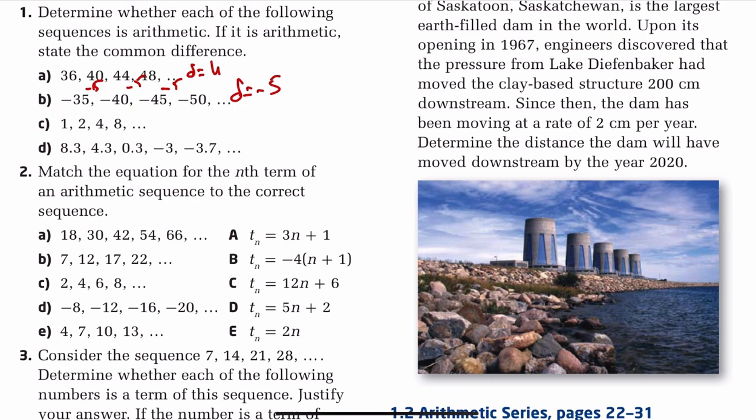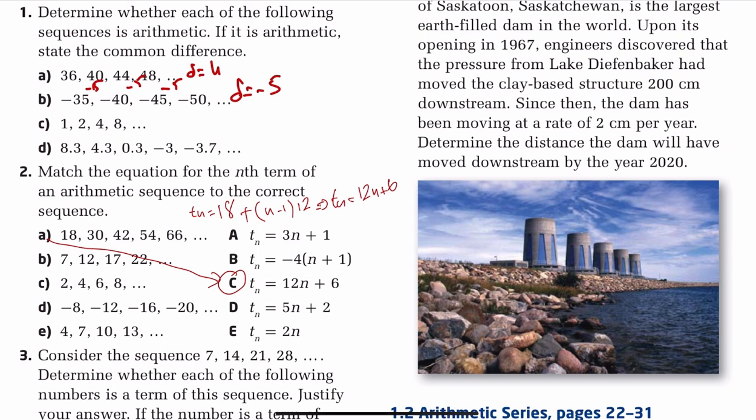We can put Tn is equal to 18 plus n minus 1 times 12. So Tn is equal to 12n plus 6, which is C. So E matches C. And you can do the same thing for the other ones.